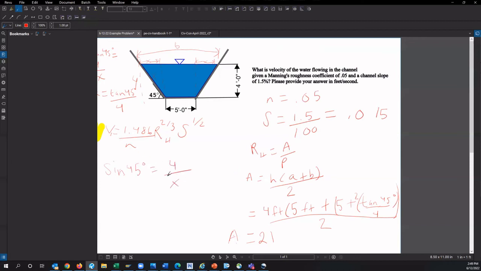So x is equal to 4 divided by sine of 45. That's just opposite over hypotenuse. And that's going to give us 4 divided by sine of 45, which gives us 4 root 2.